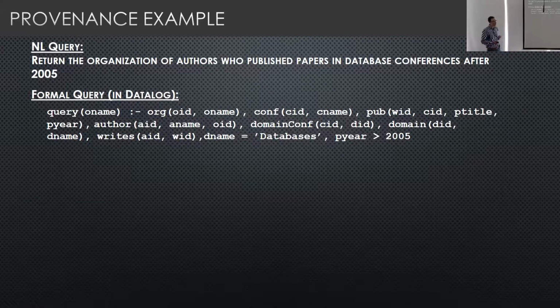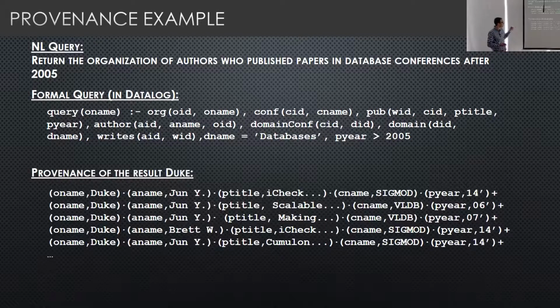Here at the top, we have the natural language query. Below, we have the formal query in Datalog. And here's a model for the provenance for Duke University. This is a provenance polynomial where each monomial represents an assignment to the formal query that resulted in Duke University.